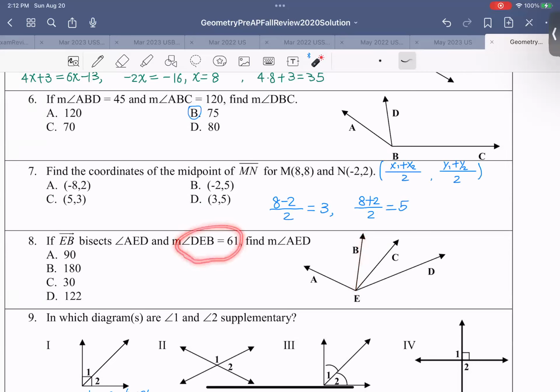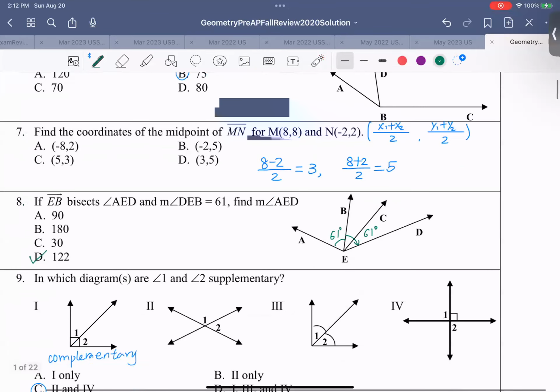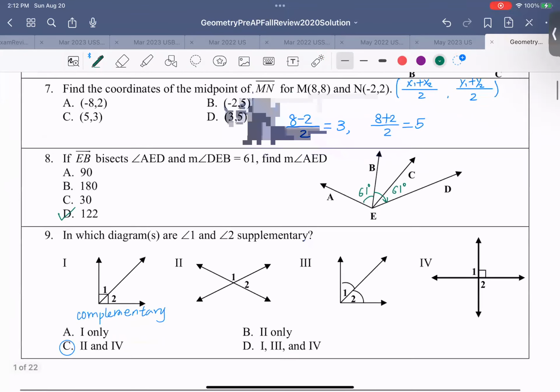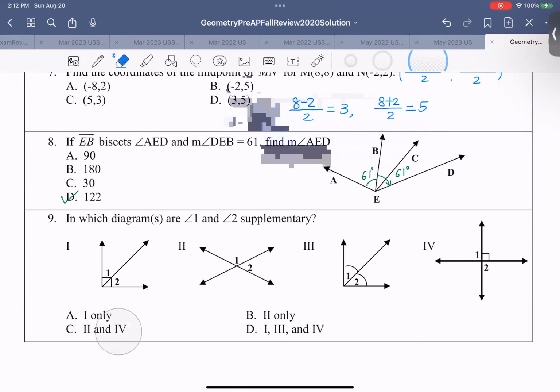So over here, EB bisects this. And you have DEB is 61. So how much will be this? 61. That is also 61. And this piece is also given as 61. And they ask your AED, so which will be double, right? Yes. We like to mark the conditions on the graph. If we mark the condition, we will be able to find out the way to solve.